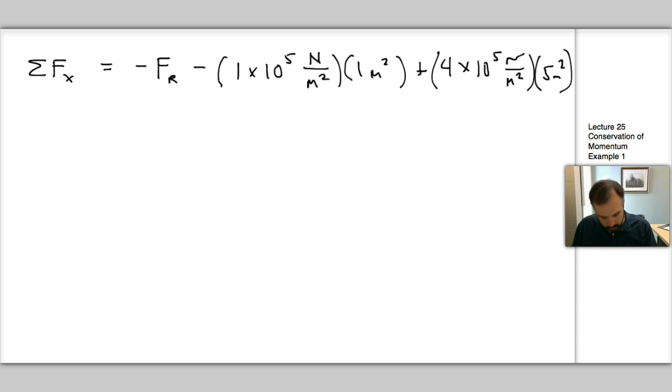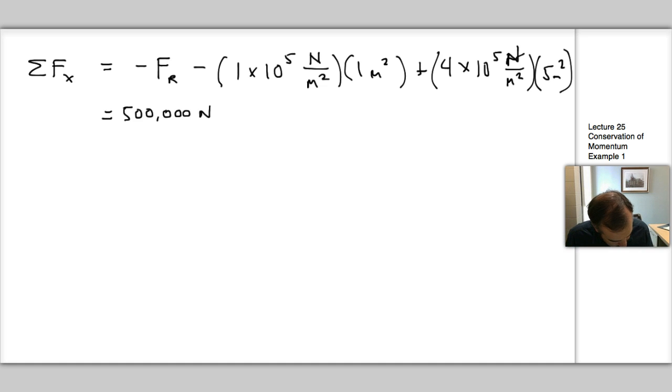Okay? This is newtons. So that's the sum of the forces in the x direction. That is equal to 500,000 newtons.